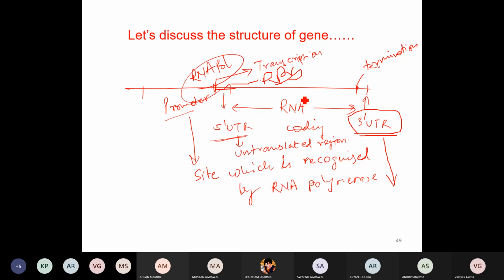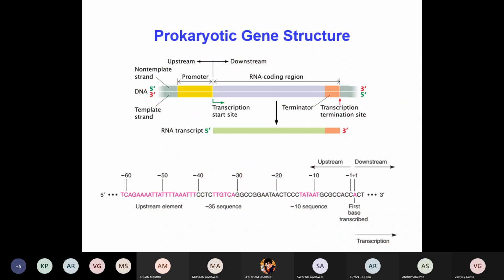So this particular part, which I have just discussed, is the prokaryotic gene structure, which is shown here. You can see the promoter region. They have just mentioned the transcription start site by an arrow.